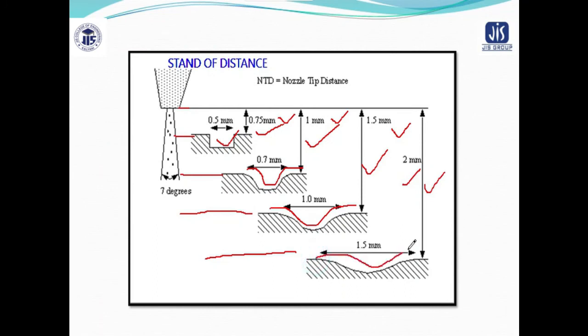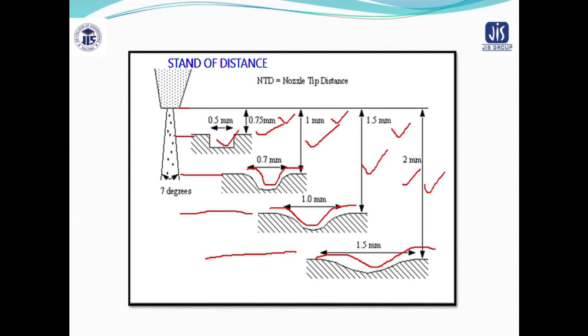it is getting more. So it is clear from the figure that MRR increases with nozzle tip distance or standoff distance up to a certain distance, and then it again decreases. Penetration rate also increases with standoff distance and then decreases. Decrease in standoff distance improves accuracy, decreases kerf width, and reduces taper in machined grooves.